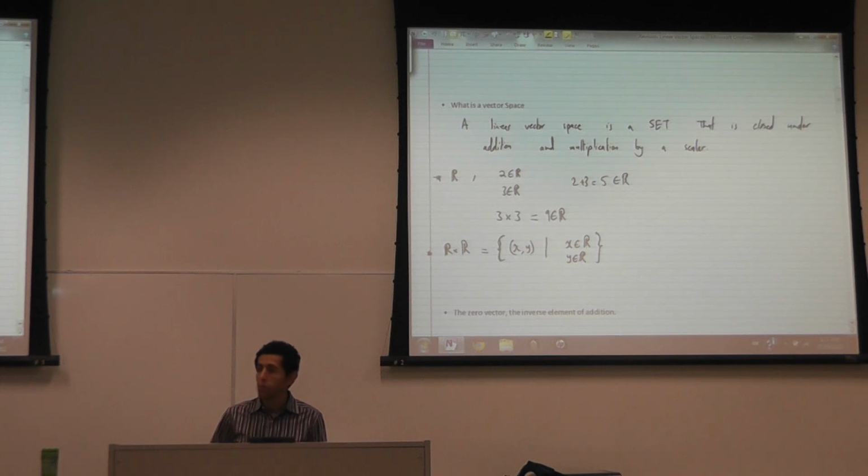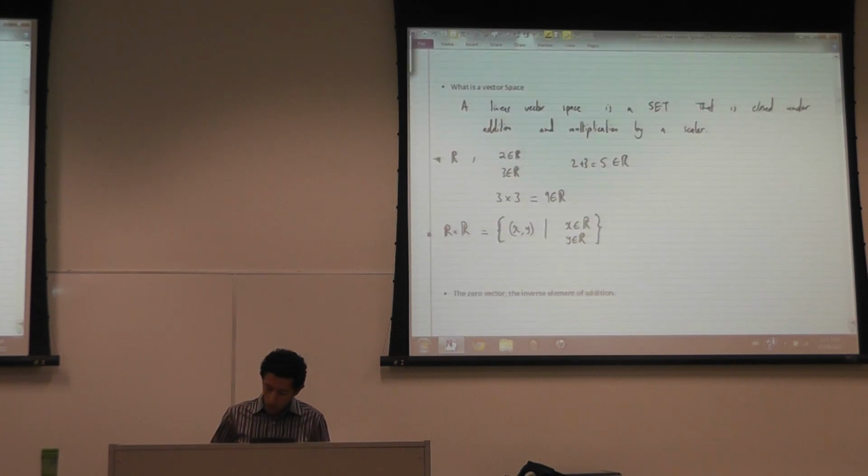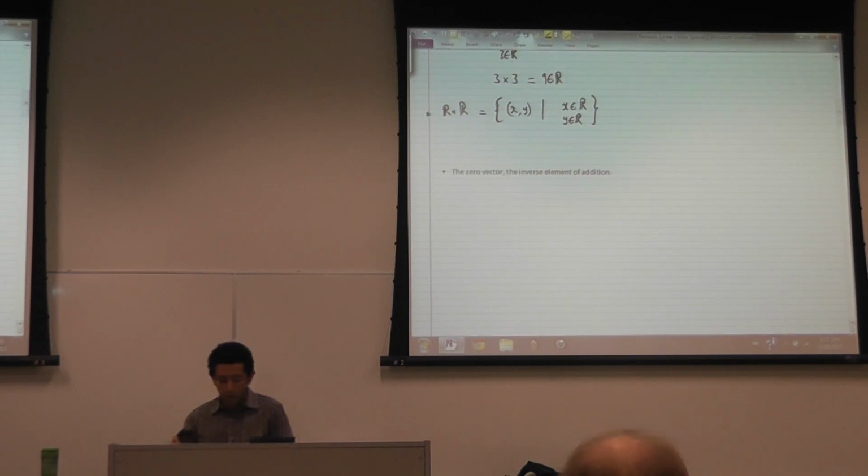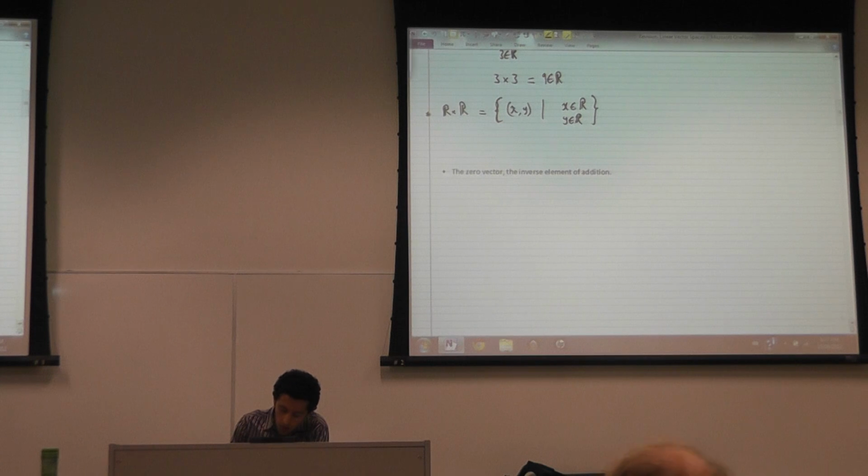Any vector in the set, if you multiply by any number, you're still inside that set. And so on. All of these vector spaces have the following properties. Every one of those vector spaces has a zero vector. So in R2, the zero vector is this vector. In R3, the zero vector is equal to this vector.